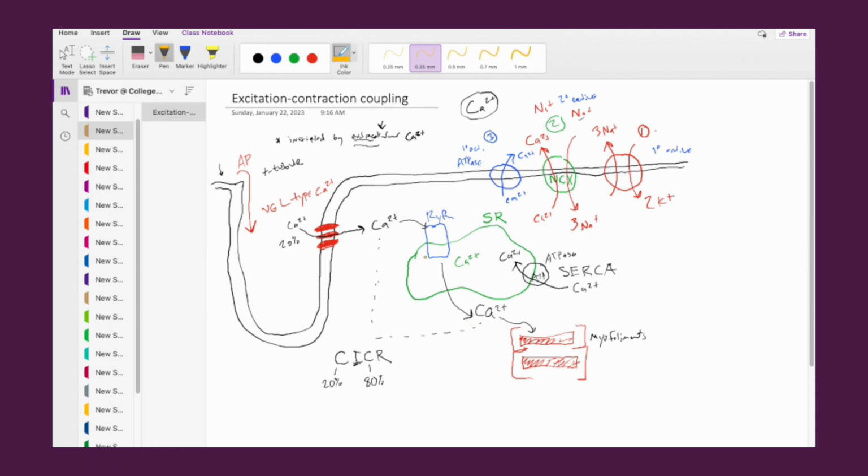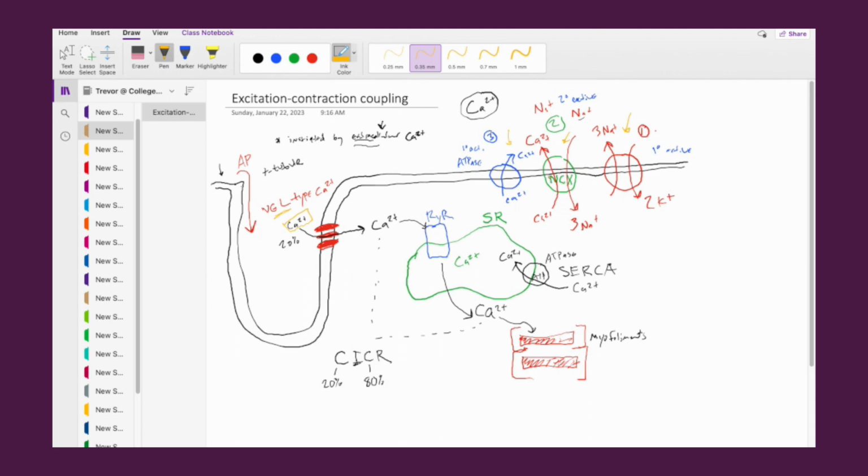Okay, so just to work through the entire process one more time from start to finish, we have incoming action potential, incoming depolarization. That depolarization activates our voltage-gated L-type calcium channel. That opens up, and we've been concentrating calcium outside of the cell via these mechanisms here, right?